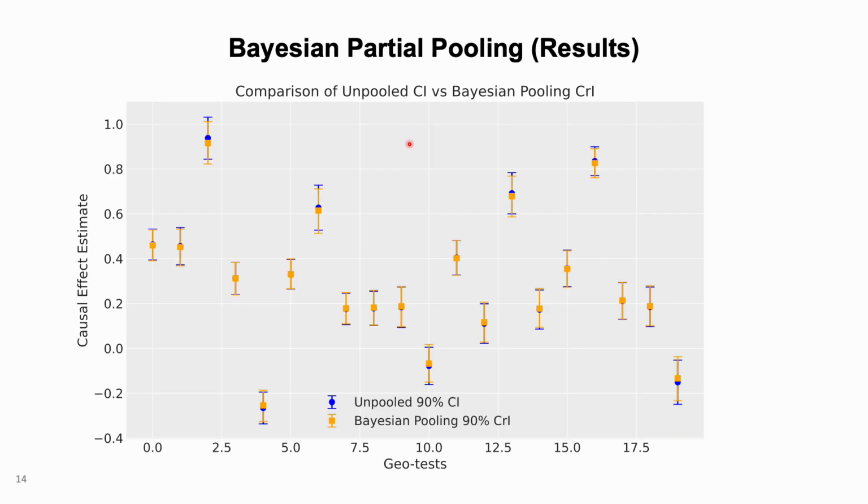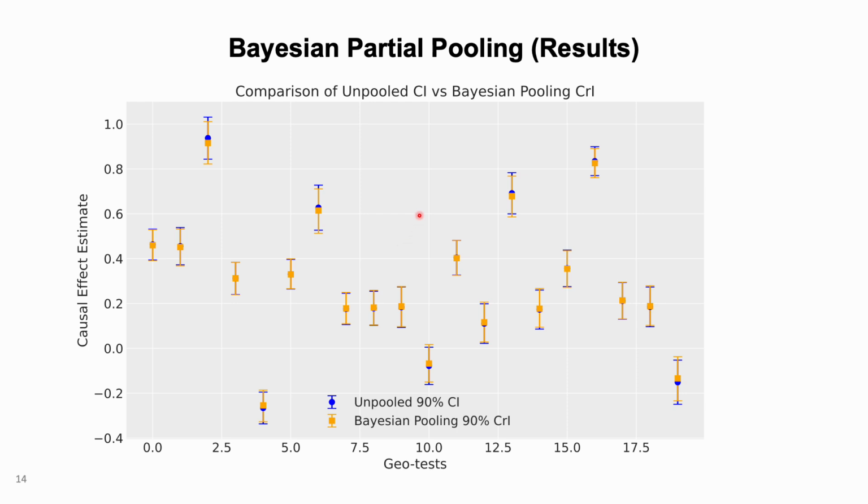Finally, we compared the credible intervals from the Bayesian pooling approach and the unpooled approach. Interestingly, we did not observe obviously narrower credible intervals from the Bayesian partial pooling approach compared with the unpooled approach, but we did observe some shifts as shown here.